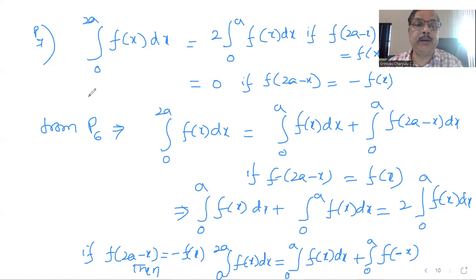So directly you can write minus. This is minus sign, okay? So cancel out both, we'll get 0. So this is one result, this is another result. That means the nature of this function is deciding the overall value. P6 decides that.